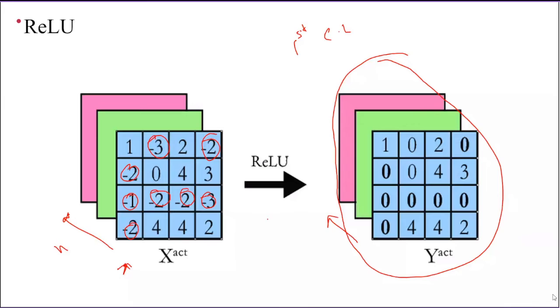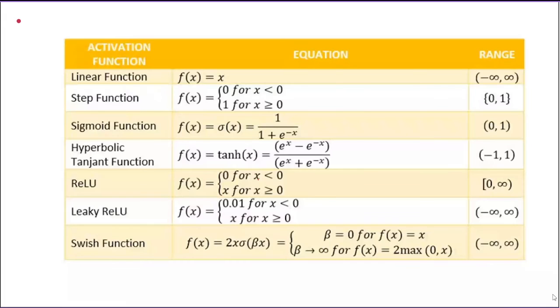Some of the activation functions are the linear function, step function, sigmoid function, hyperbolic tangent, ReLU, Leaky ReLU, and Swish function. We have different activation functions, and these are the equations.